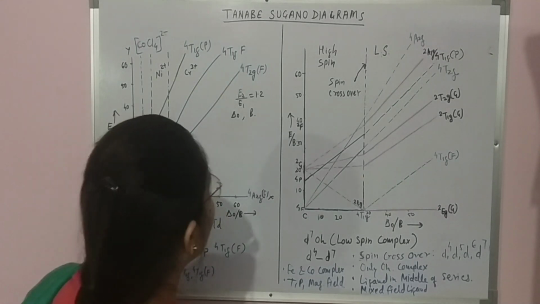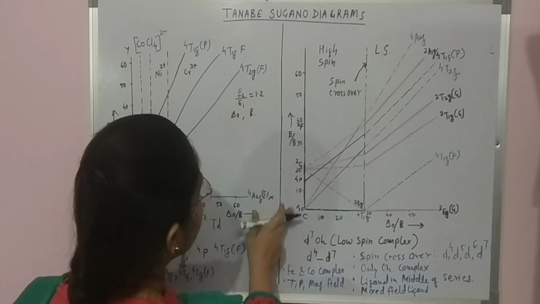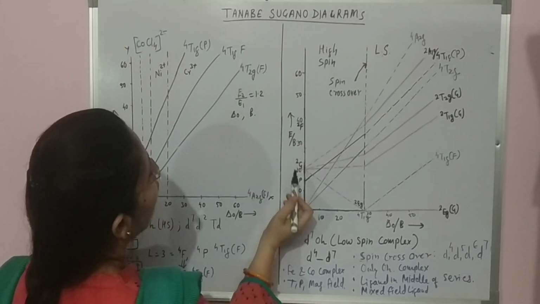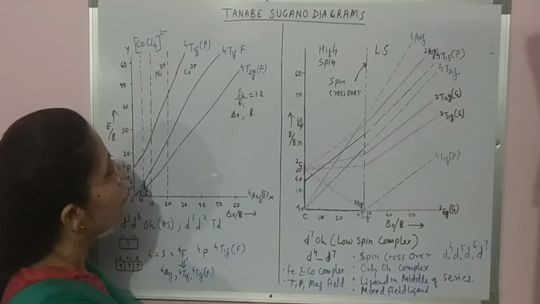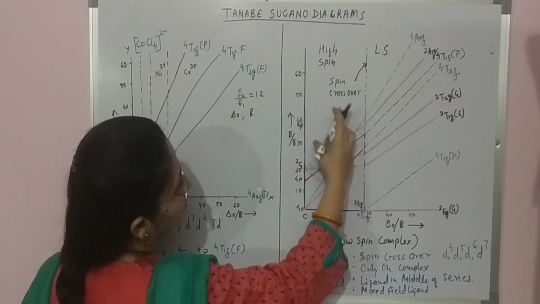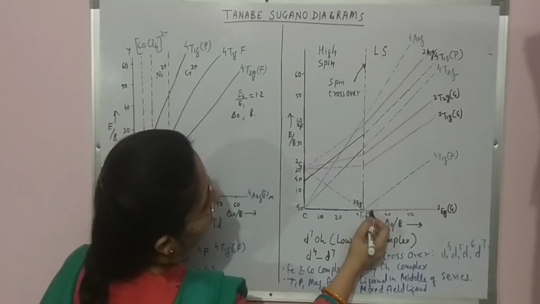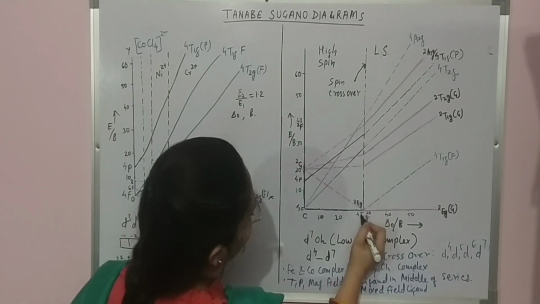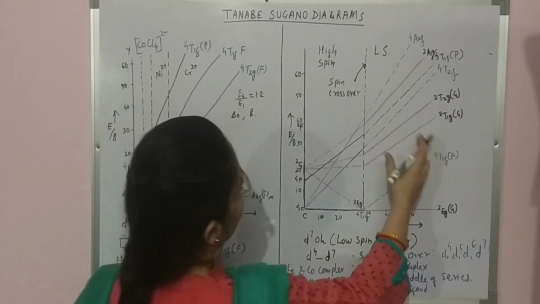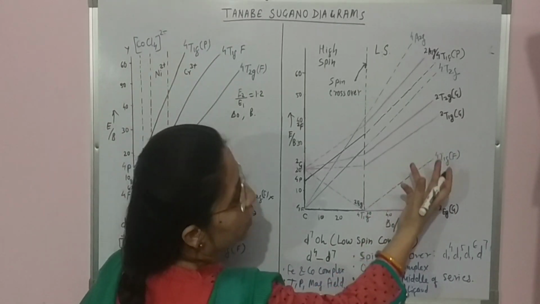So first we discuss it for simple conditions. So the D7 configuration will have these ground state terms, that is 4F, 4P, 2G, 2F. So initially in this area we will find high spin complexes which will be generated by weak ligands, and by this point, on this side of the diagram, we will find low spin complexes which will be the result of strong ligands.